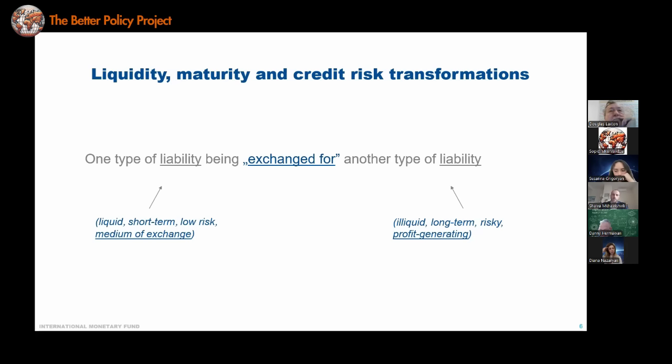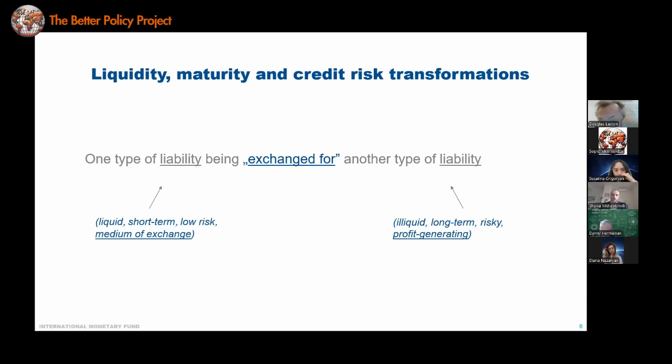And their ability to issue this kind of liability is used to buy an asset that will be illiquid, longer term, risky, but profit generating. So banks use their ability to issue liabilities that serve as a medium of exchange to generate profit. And this profit will essentially be from interest income from loans.